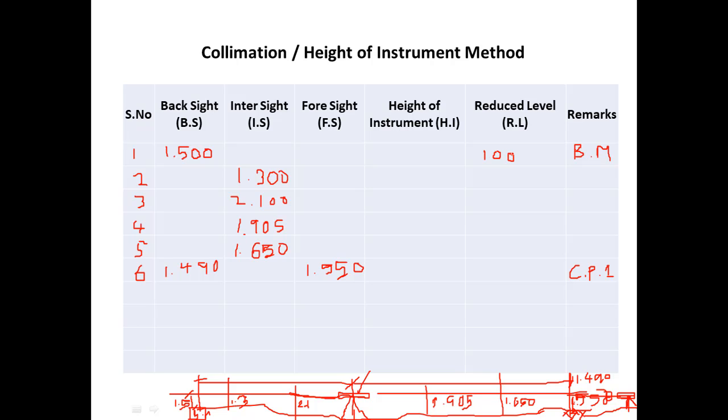If I know the benchmark reading, I can take whatever reading they have. If I am not having it, I have to take 100 as my value. So now height of instrument is nothing but 100 plus this 1.5, that is 101.500.